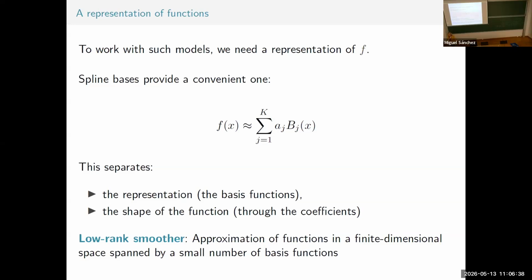Why is this important? Because that is going to help me to adapt to what is going on in the data. If a basis is evaluated over the whole grid of data points, a little change on one side will affect what is going on on the other side. So being local is important. And why low rank smoothers?